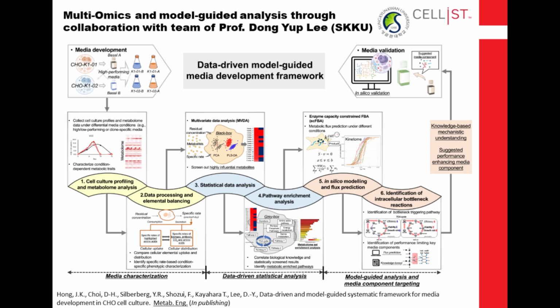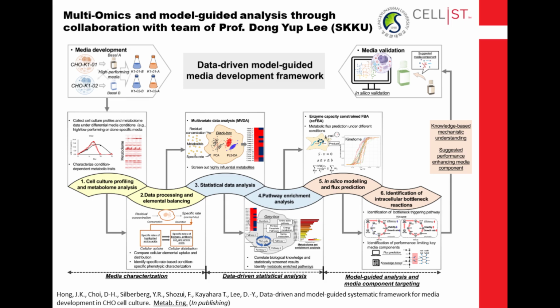After collecting the information and getting growth profiles, for example VCD, viable cell density, and specific growth rate, and also protein production, what you can see on the bottom left side, the cell culture profiling and data processing, is part of the media characterization.